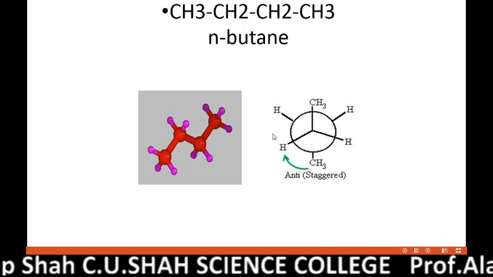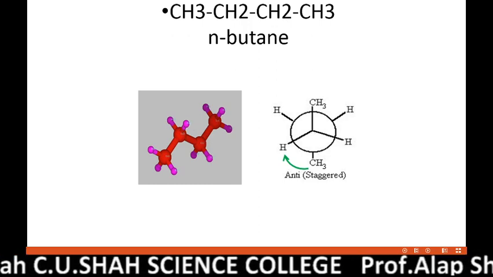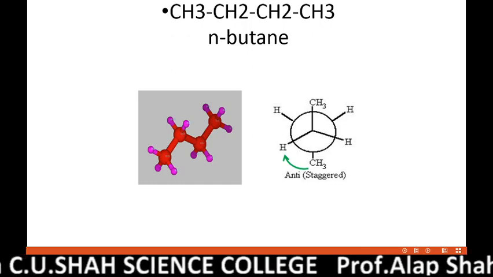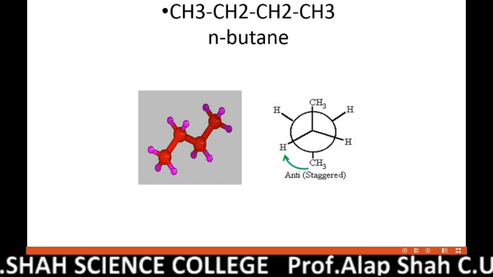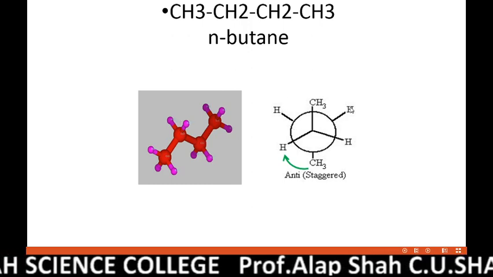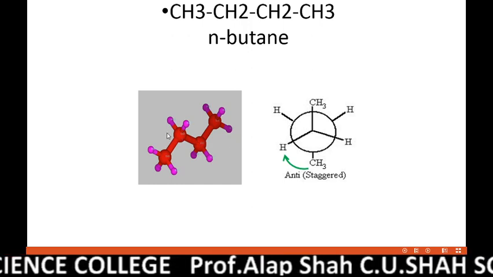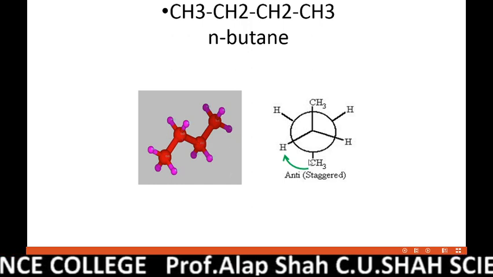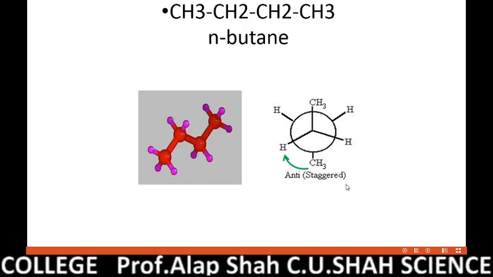Since the third carbon is the rear carbon, and in Newman projection the bonds attached with the rear carbon are shown from the periphery of the circle, this CH2 is here. And finally with the third carbon, another CH3 is attached, which is here. So this is the way the Newman projection of butane can be written.